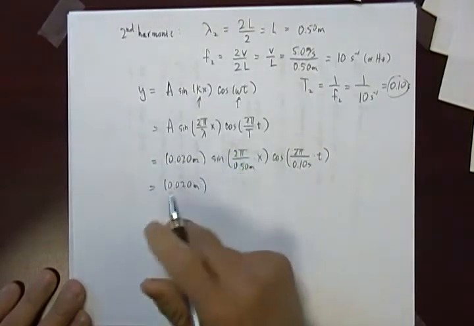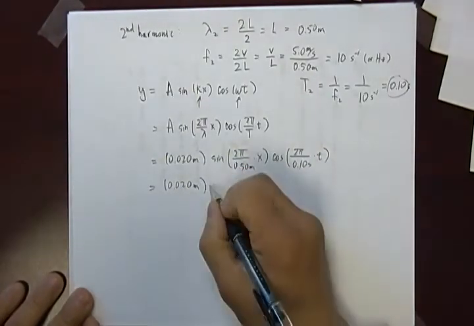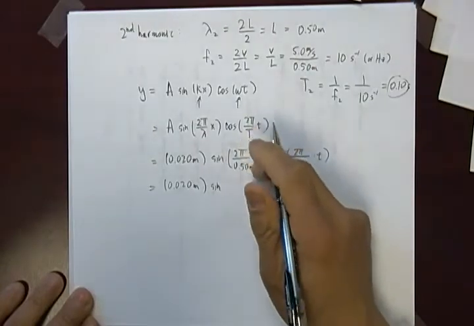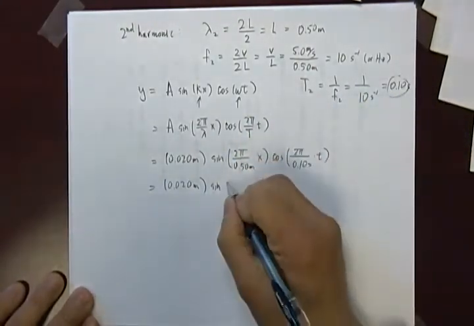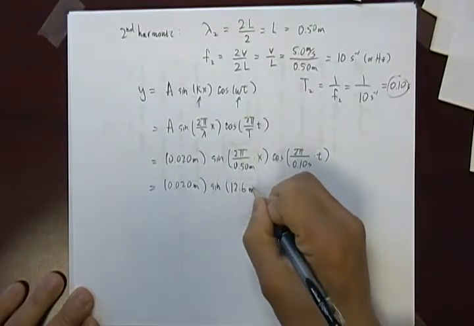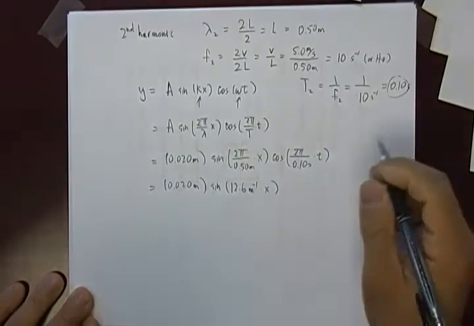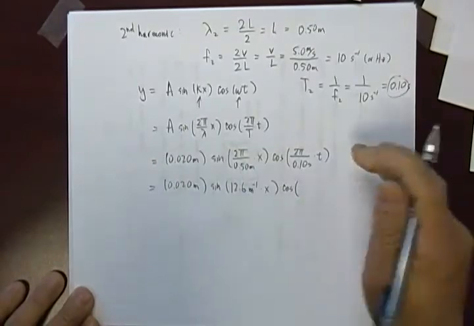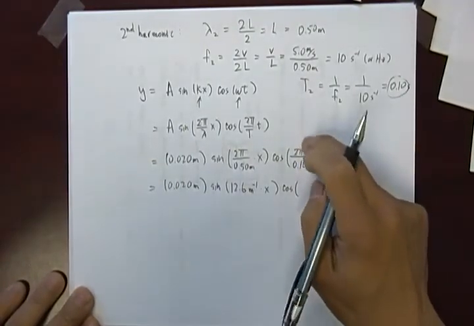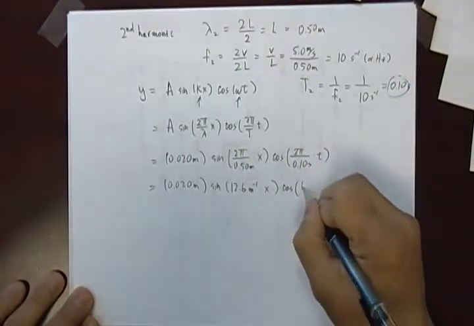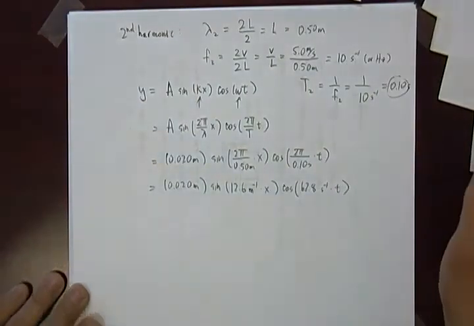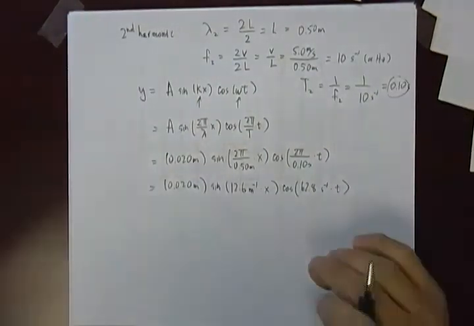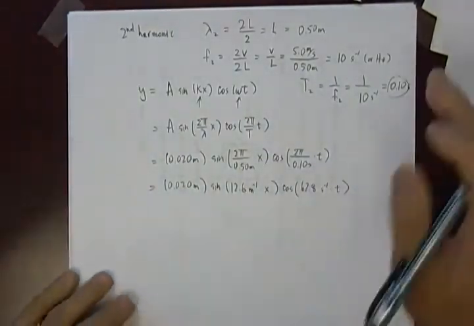So the waveform is 0.020 meters times the sine of, plugging in 6.28 for 2 pi, divided by 0.5, gives 12.6 inverse meters times x, and the cosine of 6.28 divided by 0.1 gives 62.8 inverse seconds times t. That's what the actual waveform will look like.